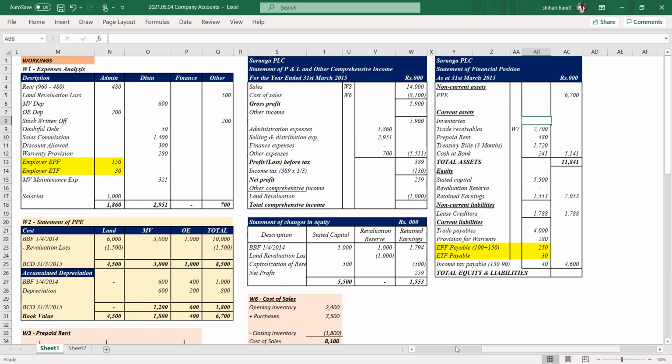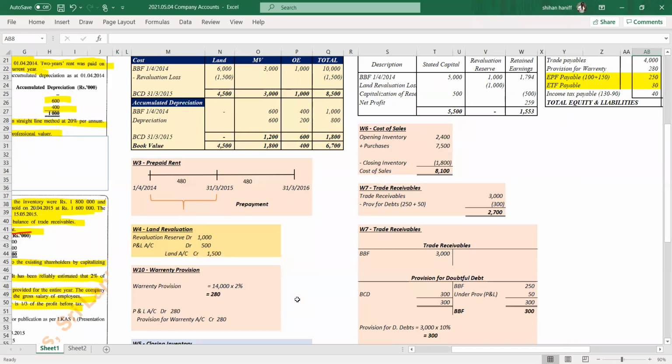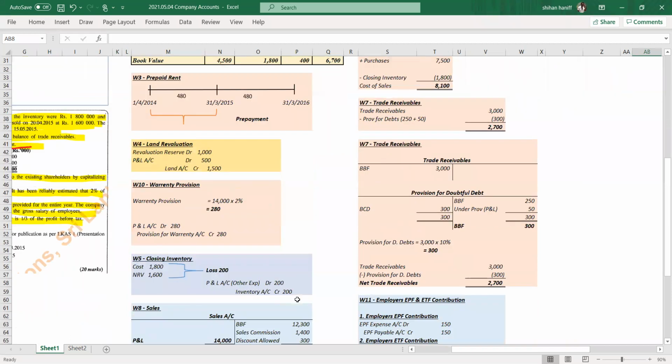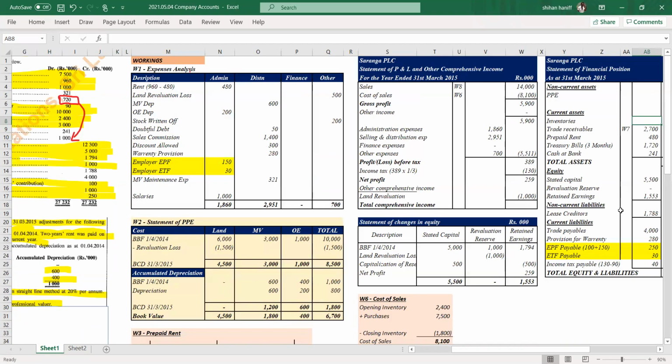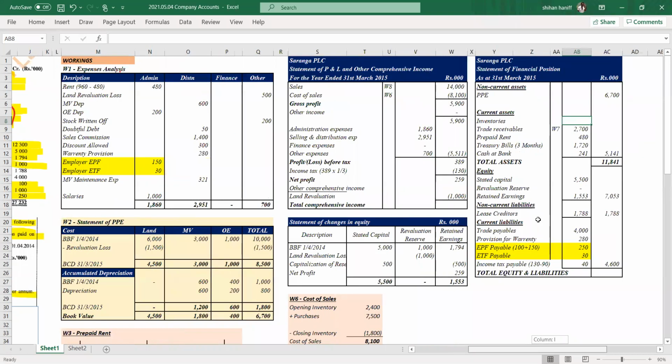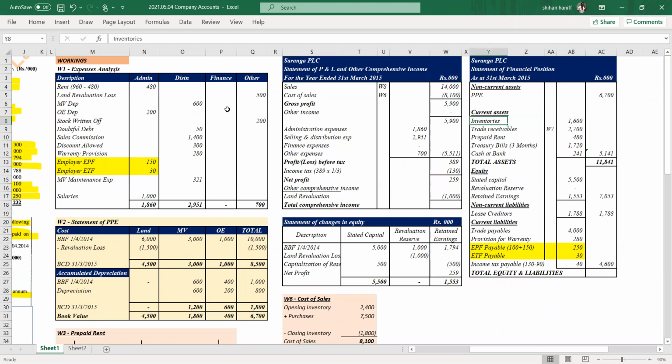I did the adjustment, $1,600 out of 1,800 we deducted, so it's in balance for 13,440.